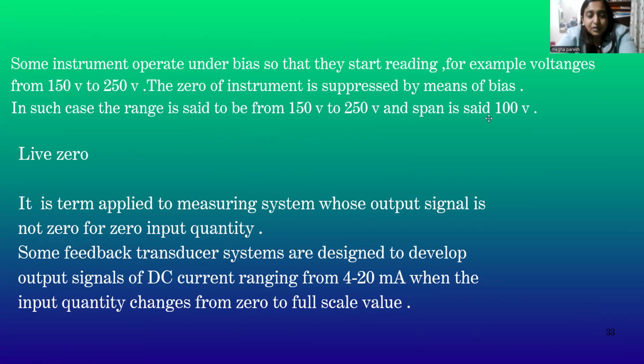What is live zero? It is the term applied to a measuring system whose output signal is not zero for zero input quantities. When we apply a zero input quantity, output is not zero. Some feedback transducer systems are designed to develop an output signal of DC current ranging from 0 to 20 milliampere when the input quantity changes from 0 to full scale value.